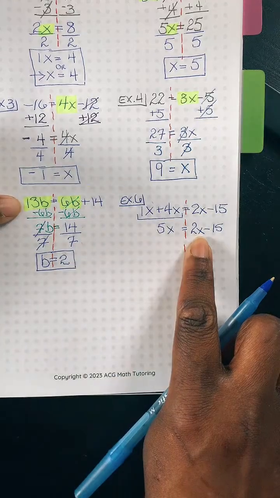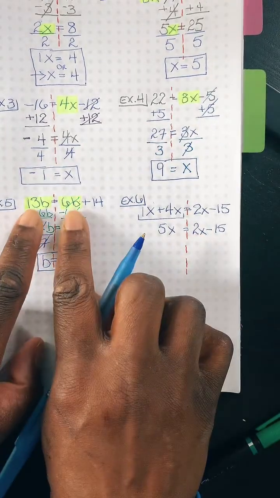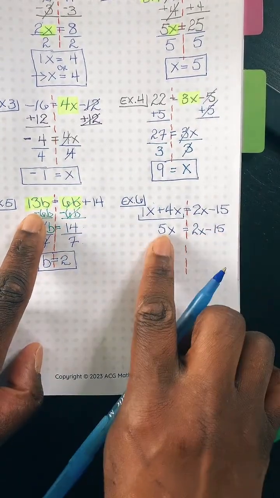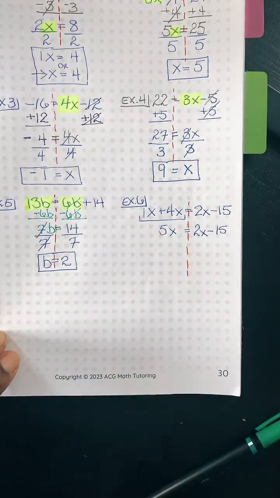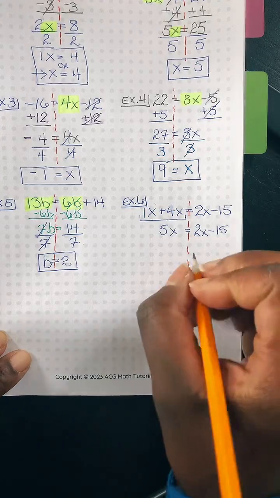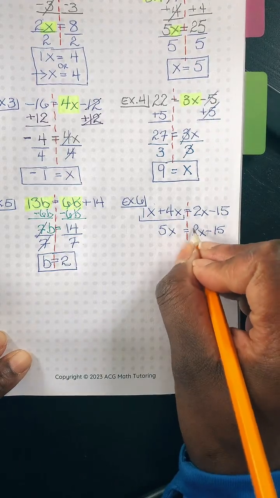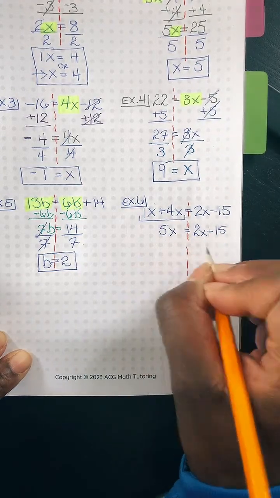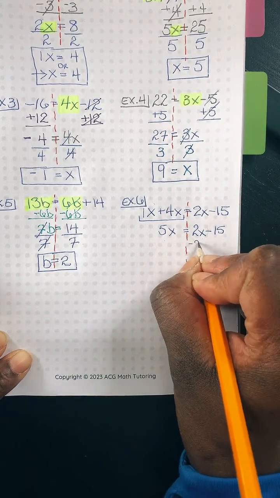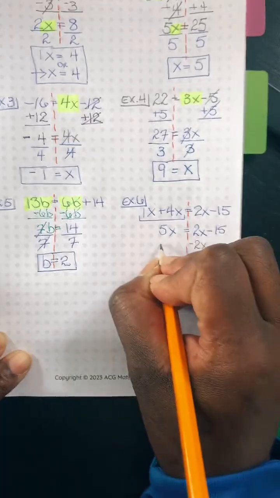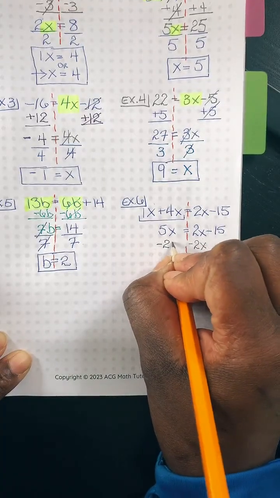Remember what we said earlier with the b's? We can't have two relationships going on, one inside the club, one outside the club. You're going to have to make a decision. So the way we make a decision is we are going to move this 2x to the other side. We're going to subtract 2x on both sides.